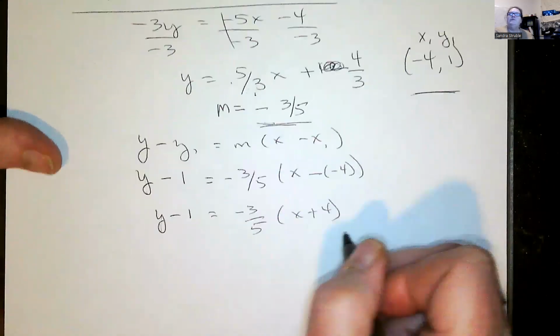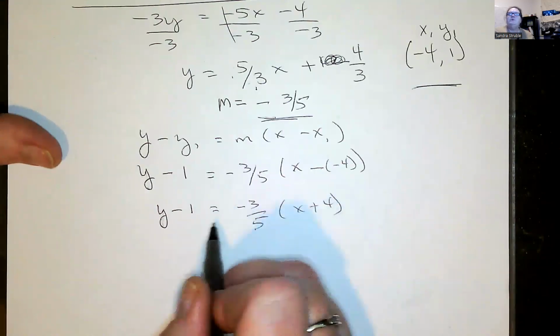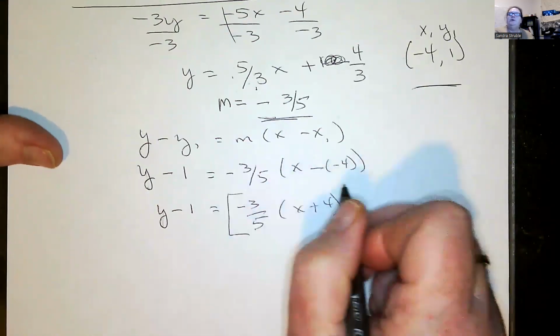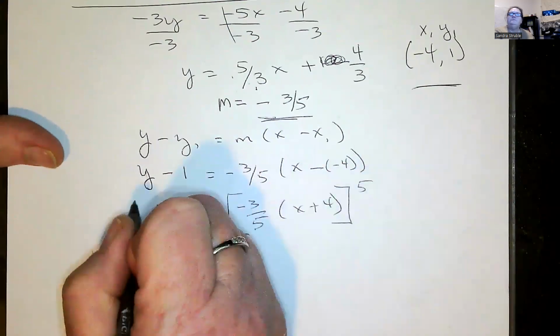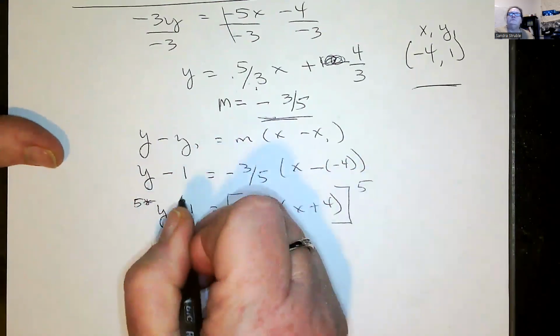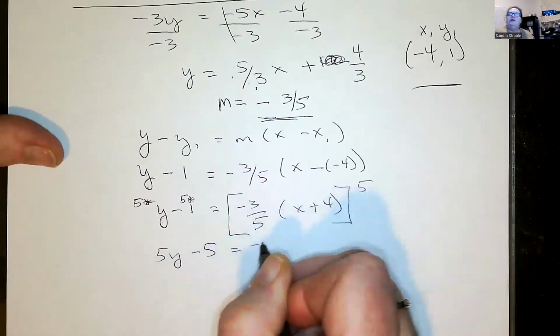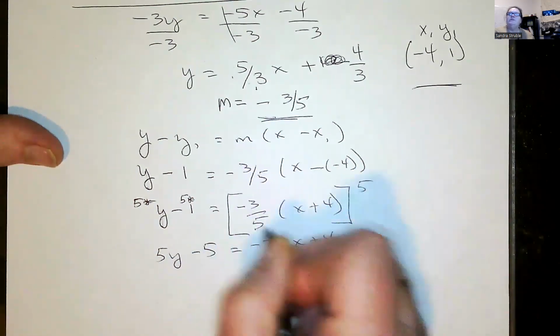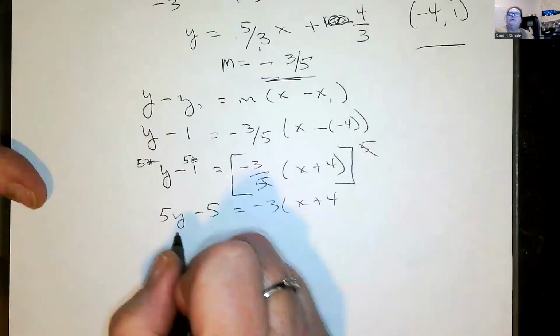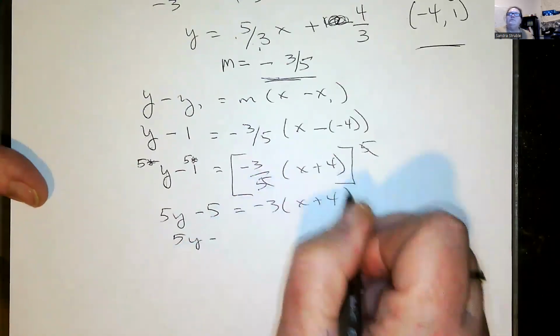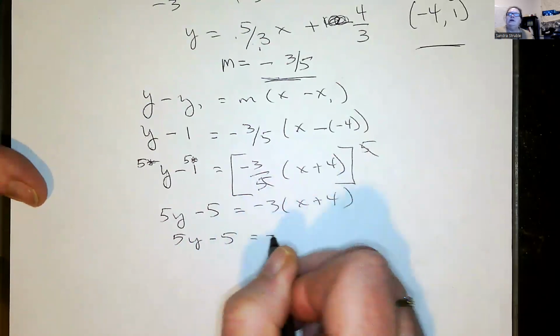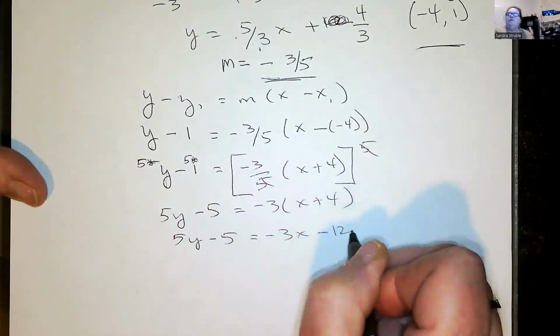And now let's multiply all the terms by 5 just to clean this up a little bit. So 5y minus 5 is equal to negative 3, x plus 4. These 5's canceled out. And we get 5y minus 5 is equal to negative 3x minus 12.